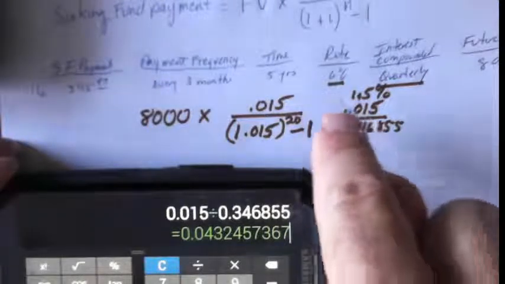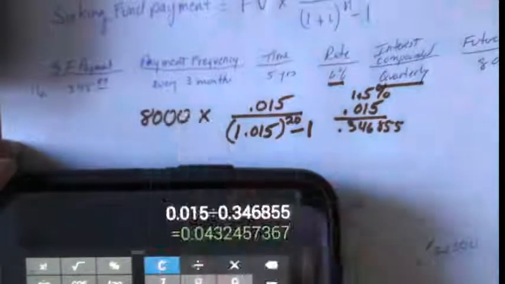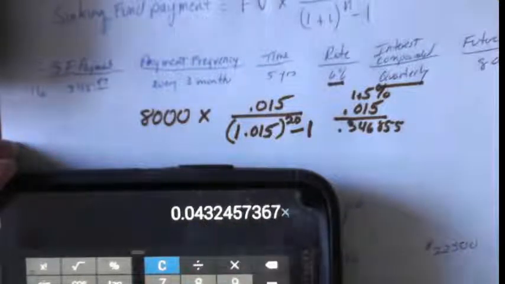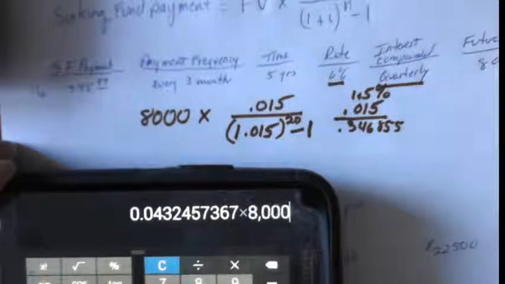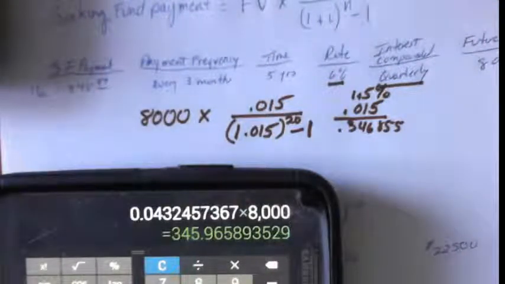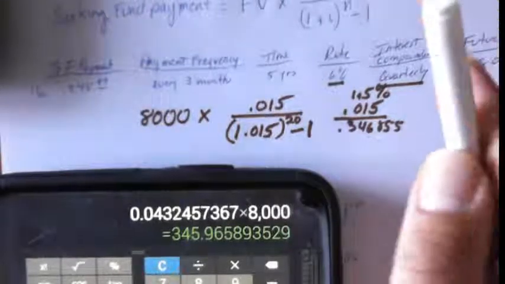Okay, so now we have our multiplication factor times our original amount. And we hit our 345.96.